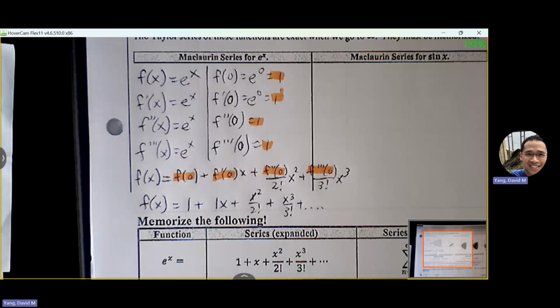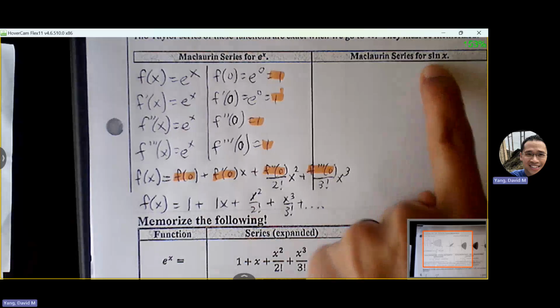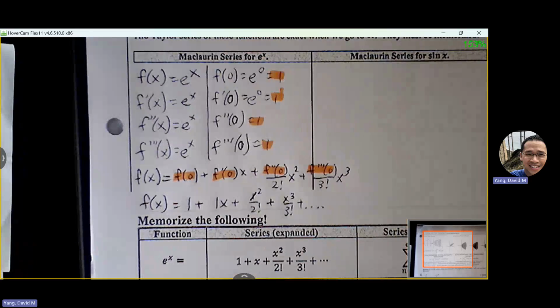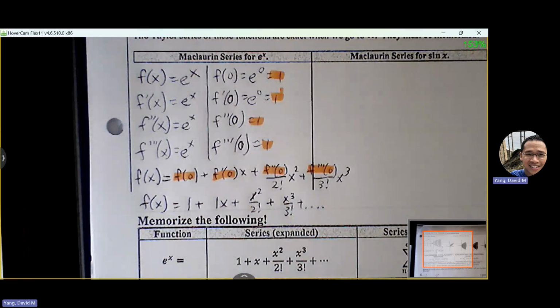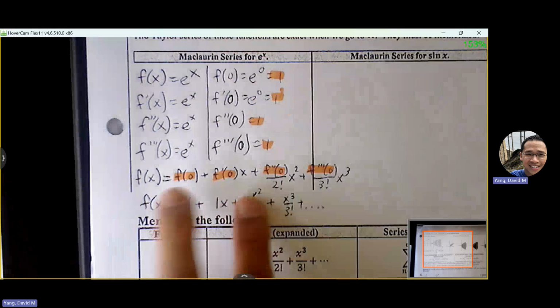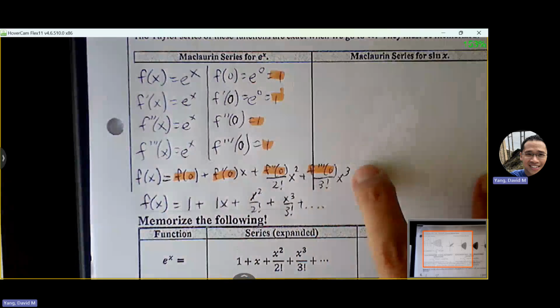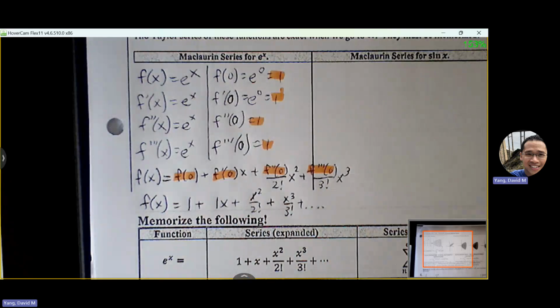All right, we'll do the same thing for sine. For sine, we're going to have f of x is sine of x. Let's find everything up to the fourth derivative. After that, we can find the derivatives evaluated at zero for all of the derivatives, and then put it into the same formula here for the Maclaurin series.